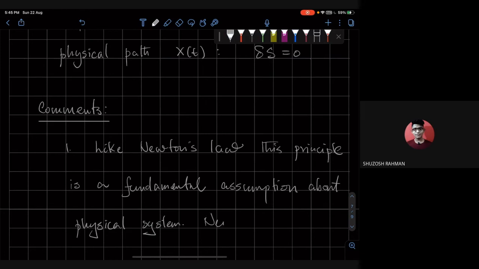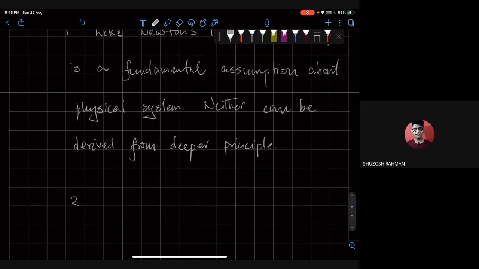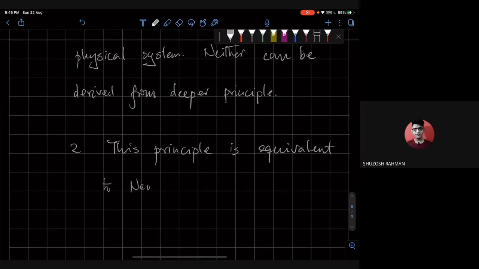Neither can be derived from some deeper principle. It is the way it is. However, this principle is equivalent to Newton's law.